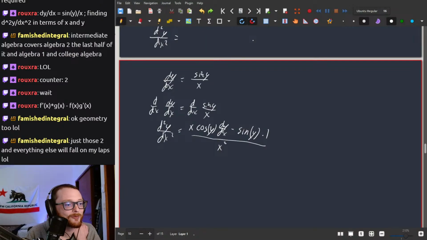Intermediate algebra covers algebra 2, the last half of it, algebra 1, college algebra. Ooh, nice. Geometry 2, just those two, everything else will fall in my lap. Yeah, geometry isn't as important for a lot of things, but it's good to know. So it comes up sometimes.